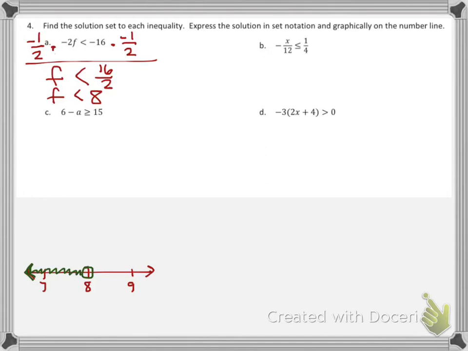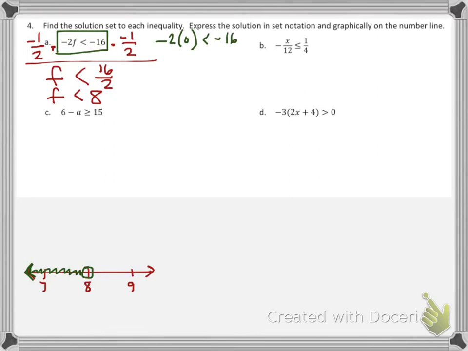Well, let's test that. Let's choose a 0. 0 is smaller than 8. It should be part of the solution set. So if I took my original inequality and I put a 0 in for f, that would give me negative 2 times 0 is less than a negative 16.